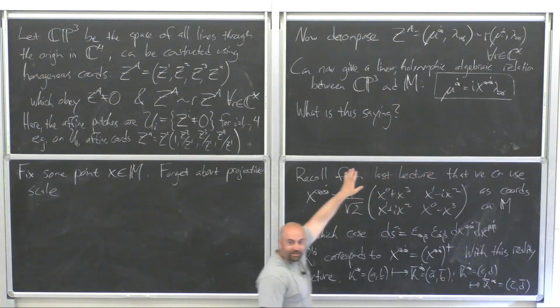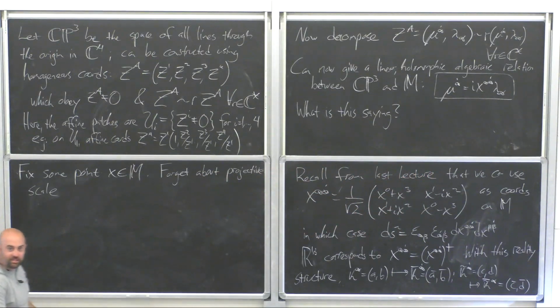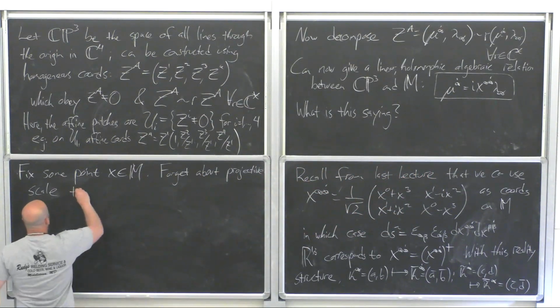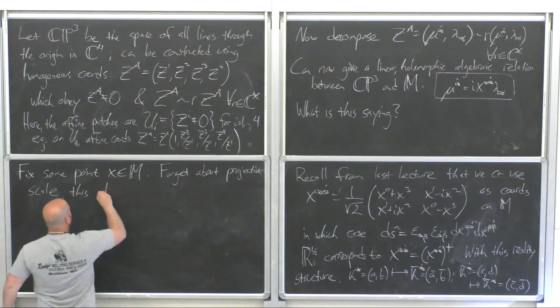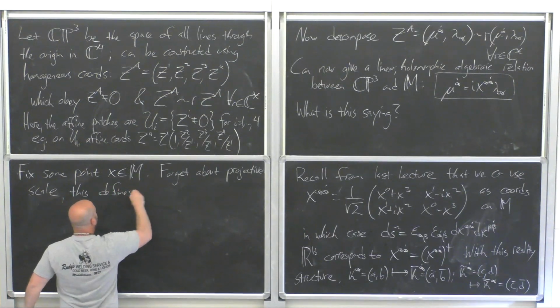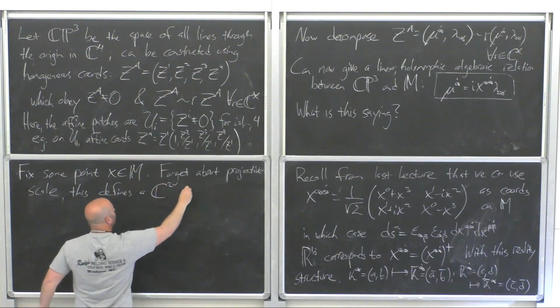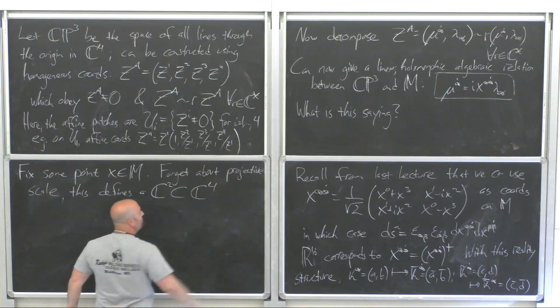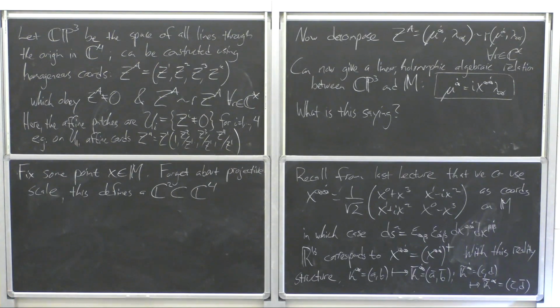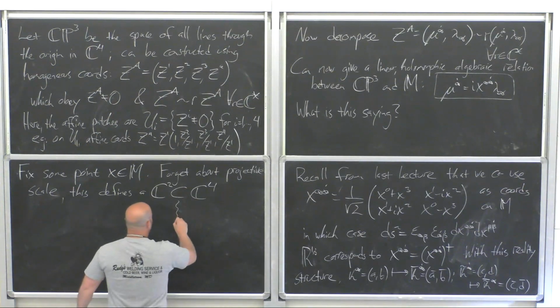So this is defining a plane, just a C2 inside of C4, right? So then to get the projective scale back in the game, we just need to quotient out by projective scale on each side.